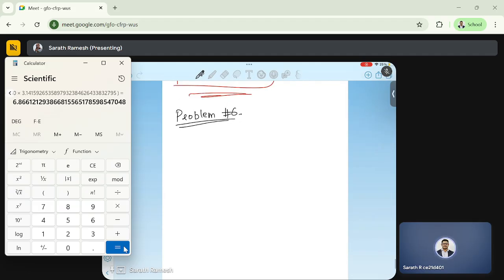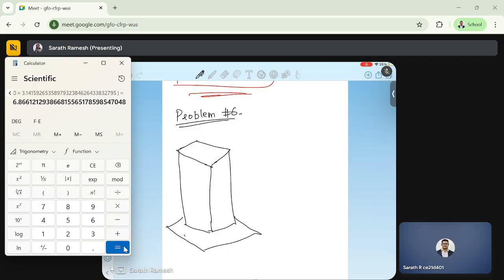Given a uniform column, say AB, and here there is a load P, and it is not acting at the center.